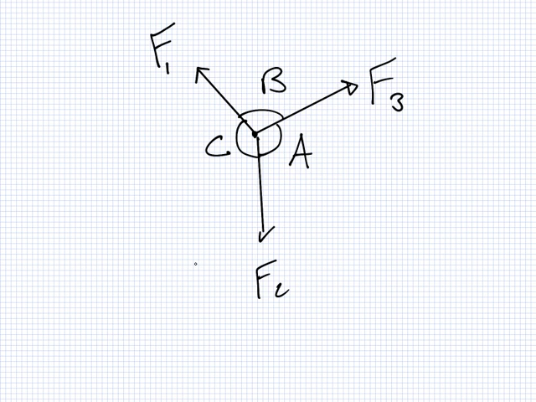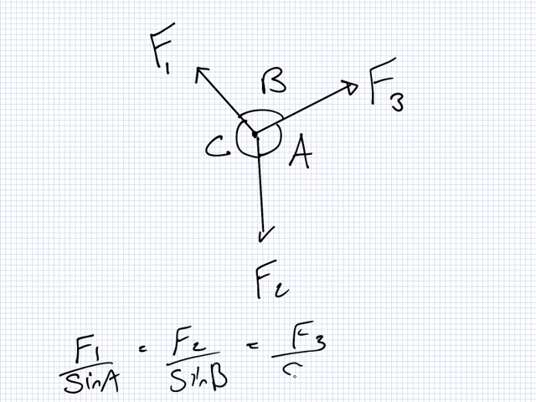Another way to state it is that F1 over sine A equals F2 over sine B, which also equals F3 over sine C. Now some of you might be thinking, that kind of looks familiar to something I did in high school maths. What does it look like?